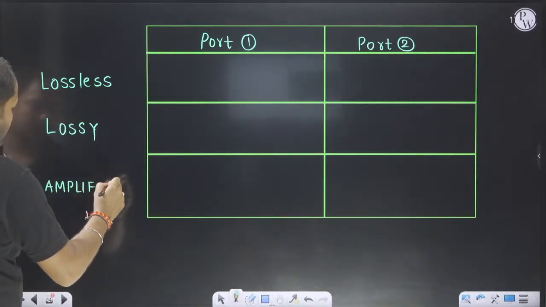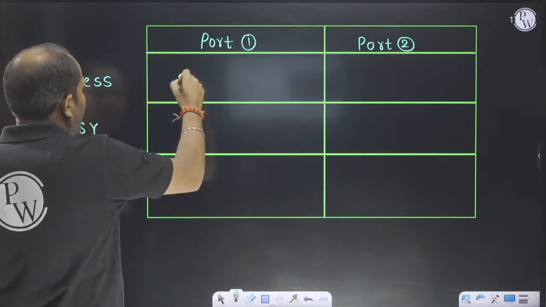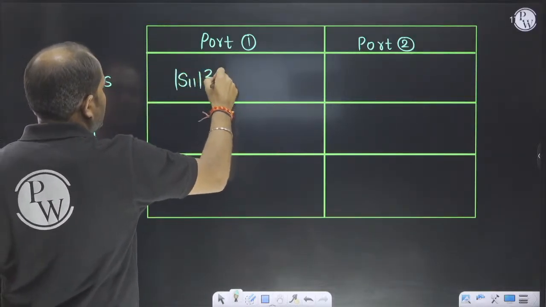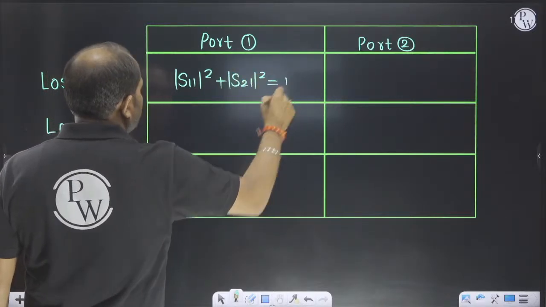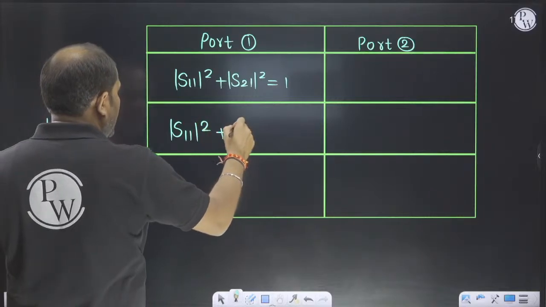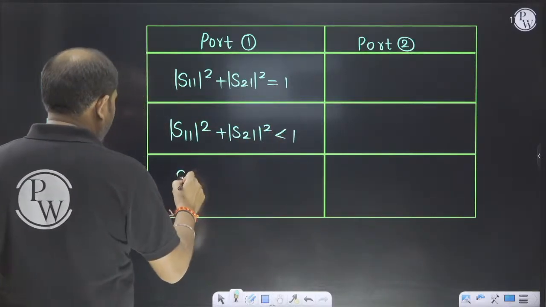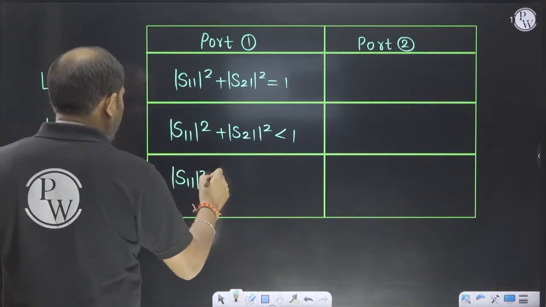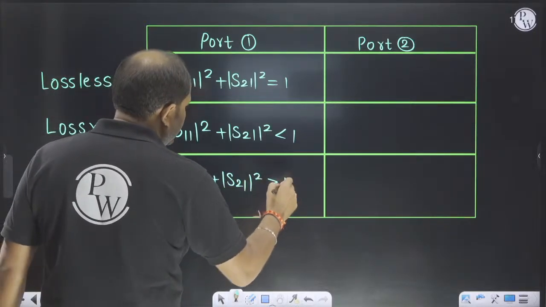So the first port is lossless only when S11 square plus S21 square is equal to 1. The second is S11 square plus S21 square less than 1, and the third is S11 square plus S21 square greater than 1.